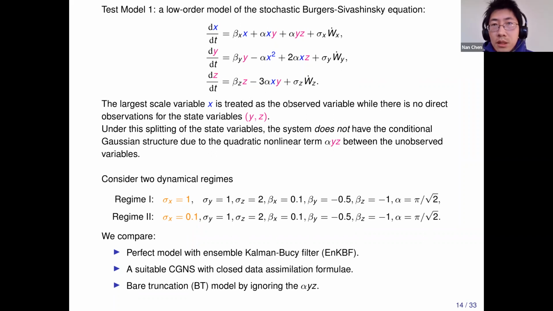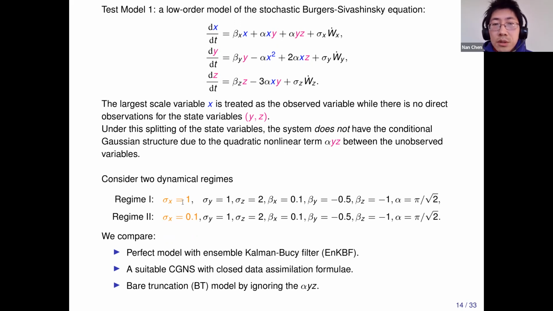This model itself is not a conditional Gaussian model because we have this Y times Z term, right? For conditional Gaussian, we need to make sure Y and Z are conditionally linear, but this is definitely not a linear term. That's why we have to build an approximate model for the conditional Gaussian system.